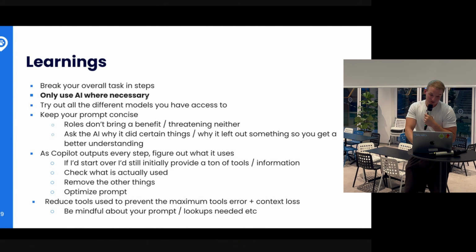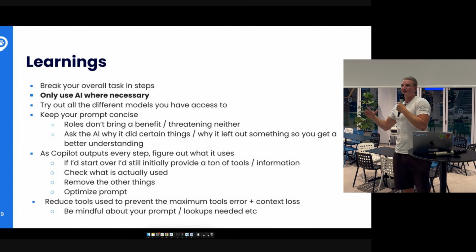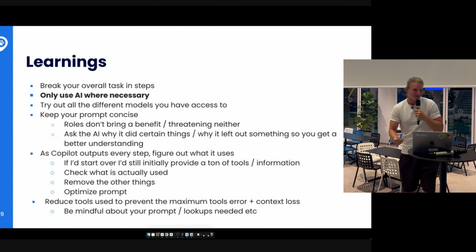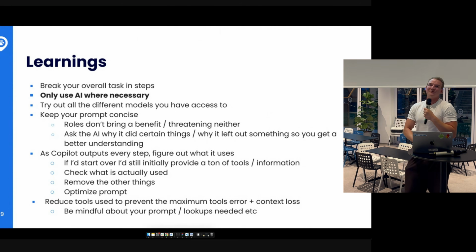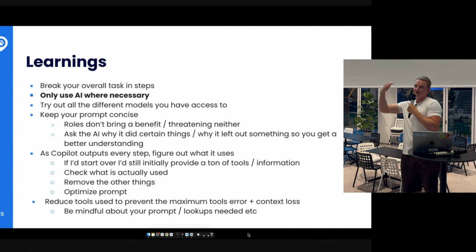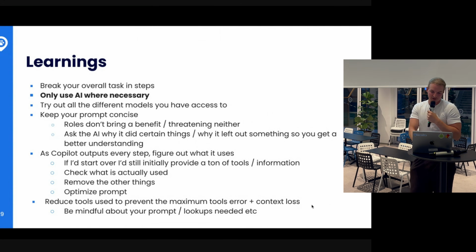Then, of course, only use AI where necessary, because I think it's easy to get into the mindset of everything needs to be AI, but you get reliable results without it. Then, of course, try out different models you have access to. Keep the prompt concise. As I showed you before, my prompt is now maybe 30 lines long instead of 2.5 pages, and it's working much better and more reliable.